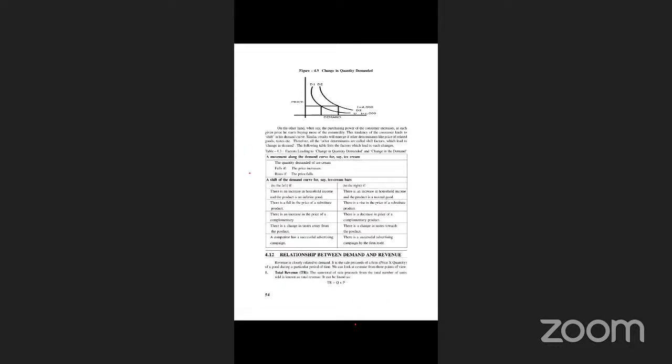Why these curves are moving in these directions, and why, as I just explained, D0, when the income level is 500. That scenario you will better understand if you get into the calculations.